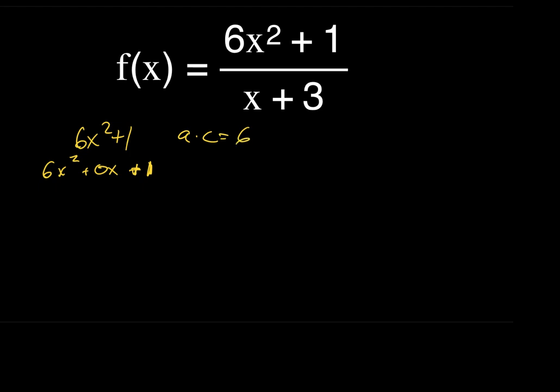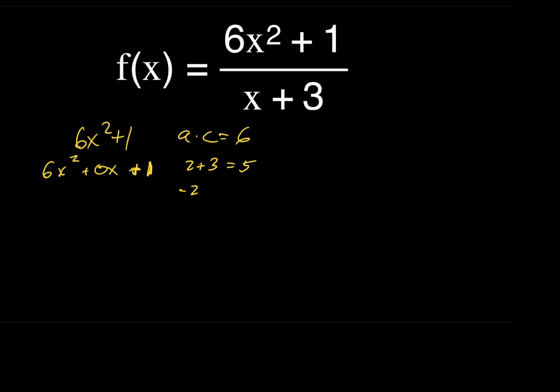And then I'm looking for two numbers that multiply to 6 that add to 0. Because the middle term is 0. Has to multiply to positive 6 and add to 0. 2 times 3 multiplies to 6, but it adds to 5.